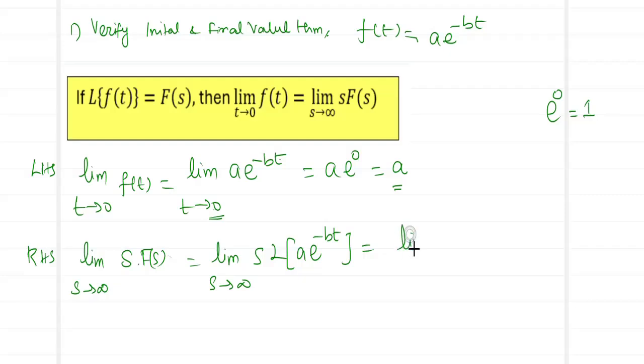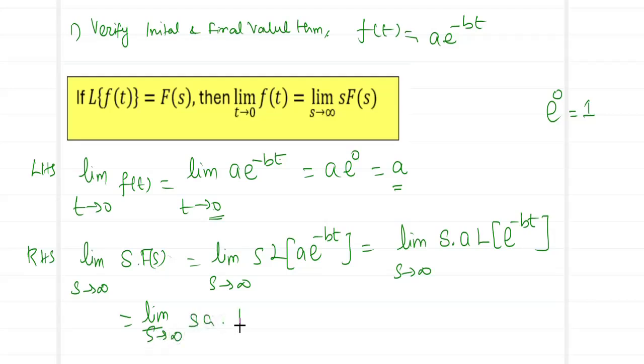So this is limit s tending to infinity of s times a, where a is a constant and comes outside, leaving Laplace of e power minus bt. I know that Laplace of e power minus bt is 1 divided by s plus b, because of the minus sign it becomes plus.